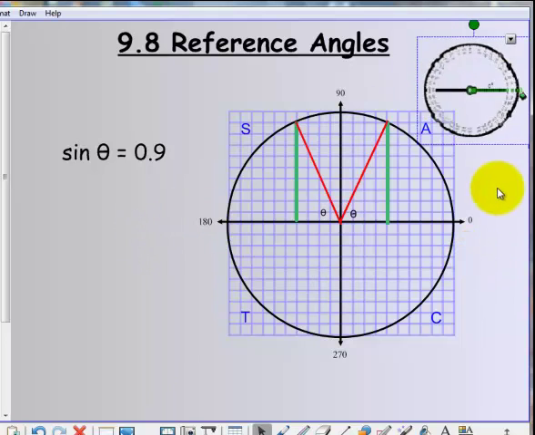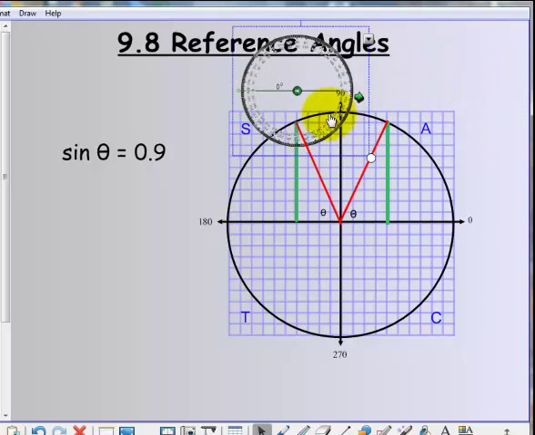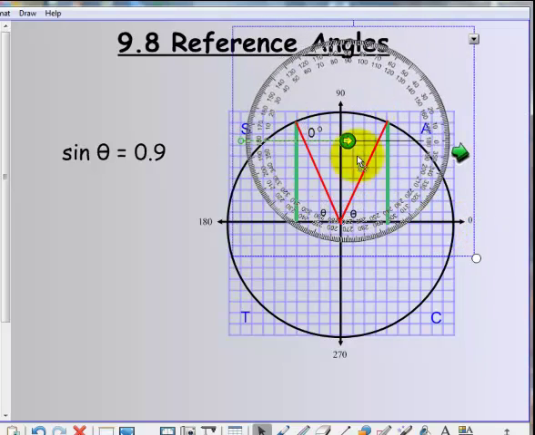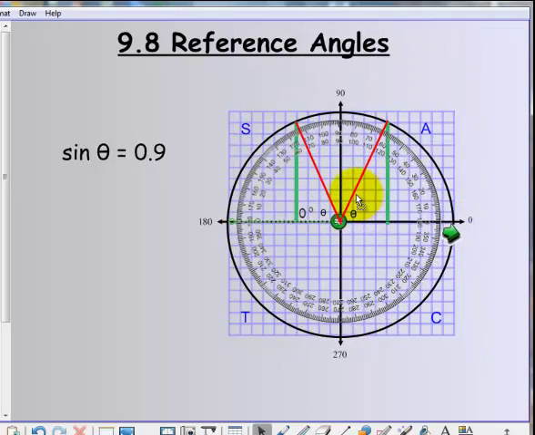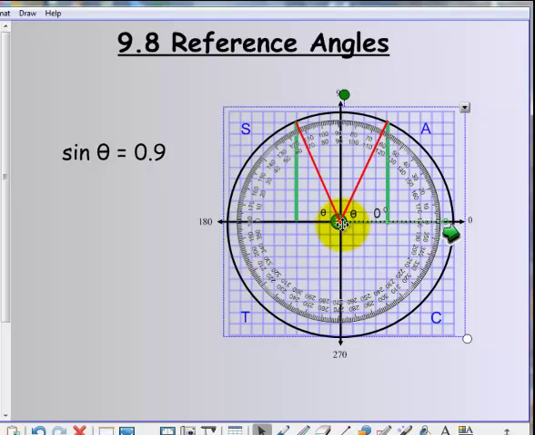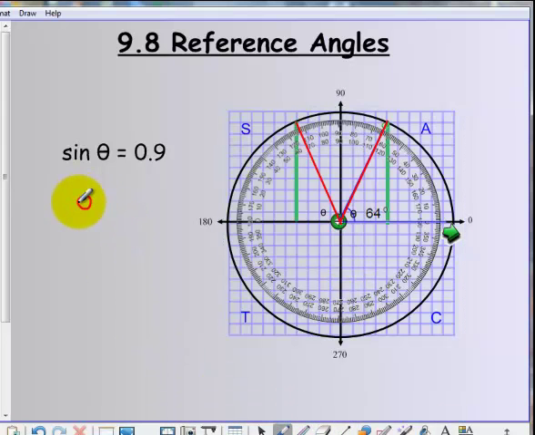If I take out my protractor, as I had to do in high school, and I measure it up, this looks to be an angle of about 64. So we think theta is 64.